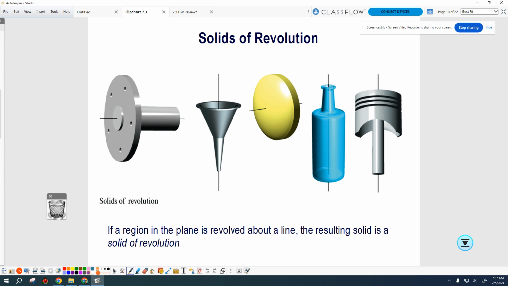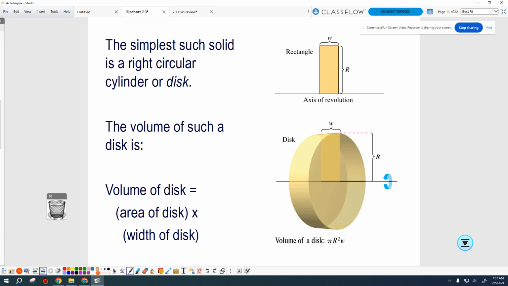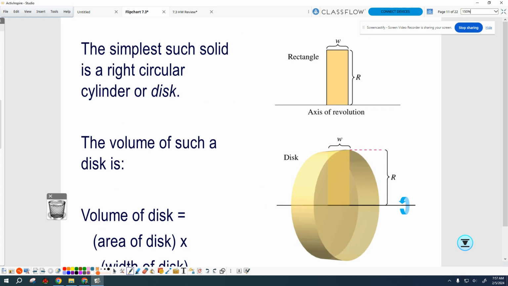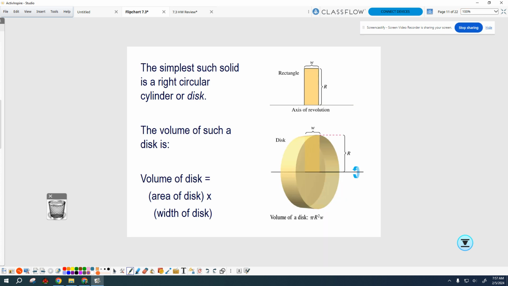So if we take this weird shape and spin it around an axis, we end up getting this bottle shape or this funnel or whatever. We did this a little, I mentioned it last week. You have a rectangle and you spin it, what shape do we get? A circle, and if there's any thickness to it, it's actually a cylinder, right?